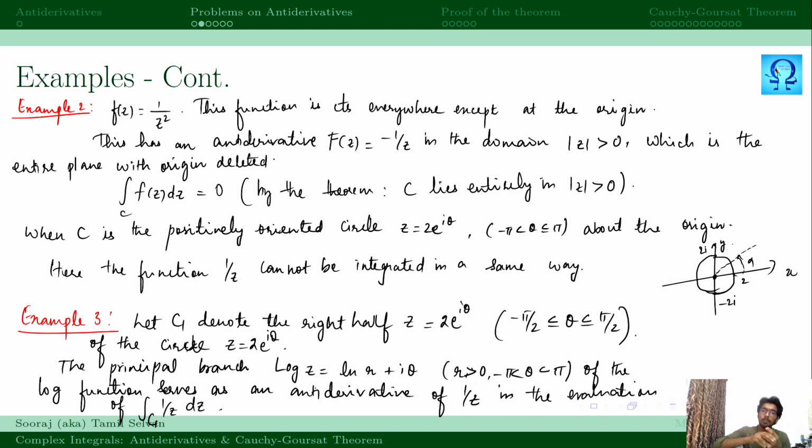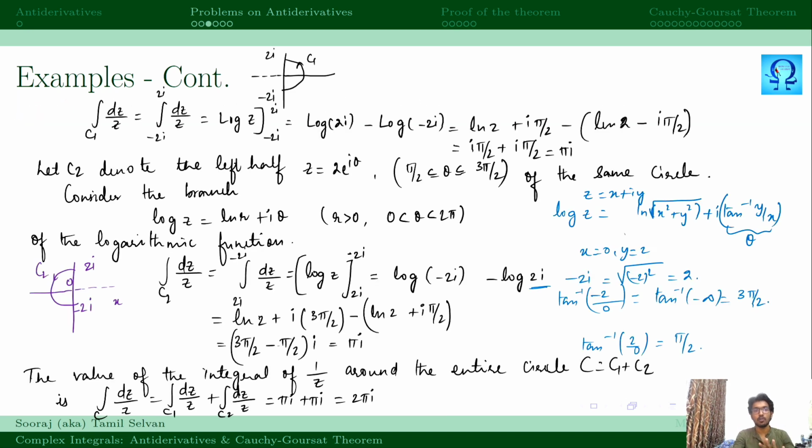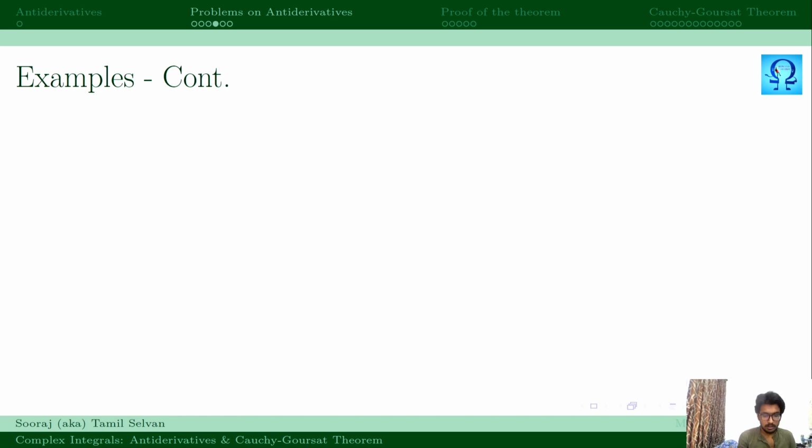Based on what part of the circle we choose, we'll have to identify some antiderivative accordingly. We have chosen an antiderivative accordingly, and we evaluated the integral, and finally we found that this value around this contour turned to be 2 pi I. Right? Now let us get into the next example.